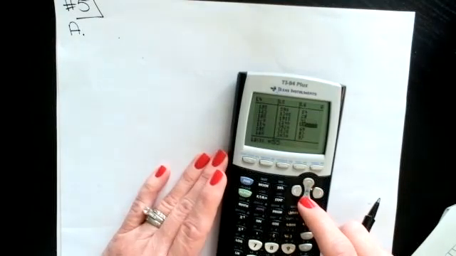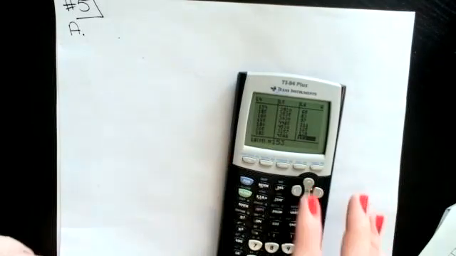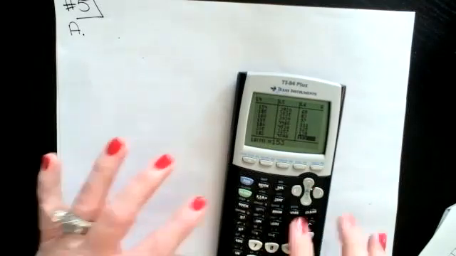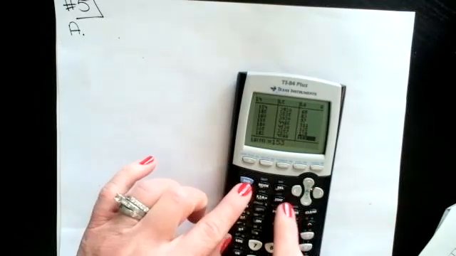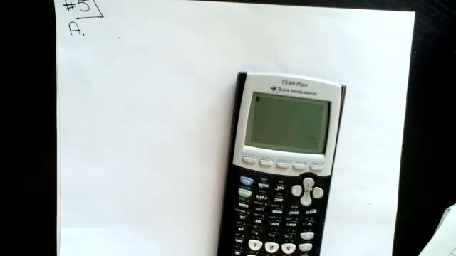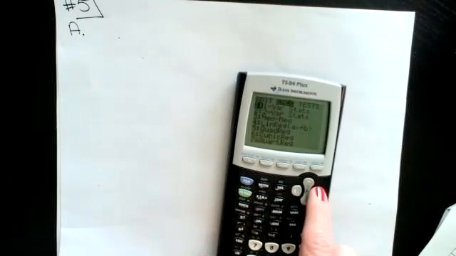Like you don't want to disrupt the order because then you're messing with the data because they're paired. Okay. All right. So I have my lists in there. So I'm going to go ahead and not clear, but quit. So second mode. Quits gets me out of there. Okay, so now to run my regression stat, calc, and option number 4.